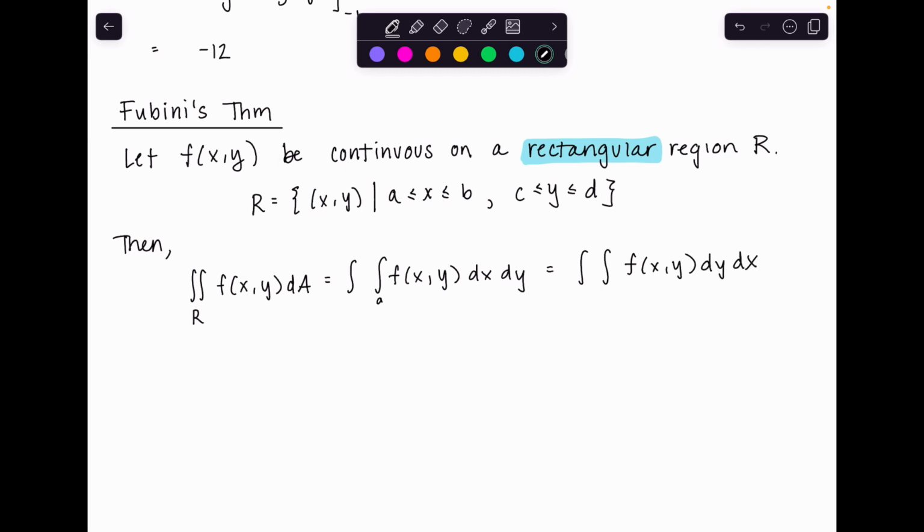In this first case, the inside bounds would be the x bounds, the outer would be the y, and then in this second case, you really have the freedom to flip, okay? But this only works for rectangular regions.